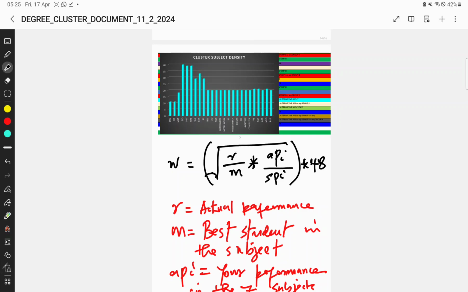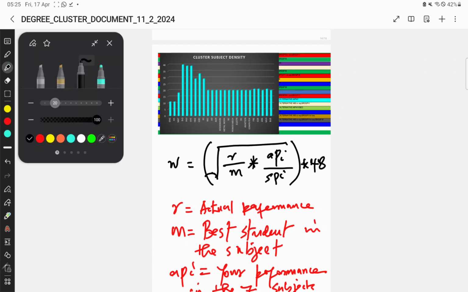We are having, say, R in our cluster subjects for this particular case. Let me use a different ink so that I distinguish these.